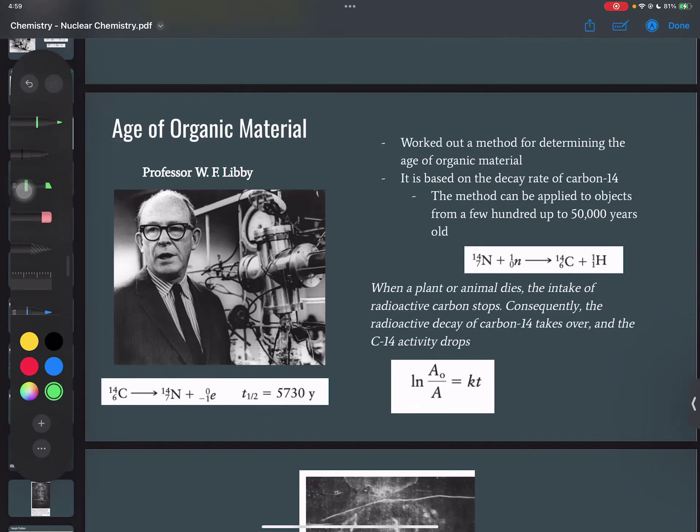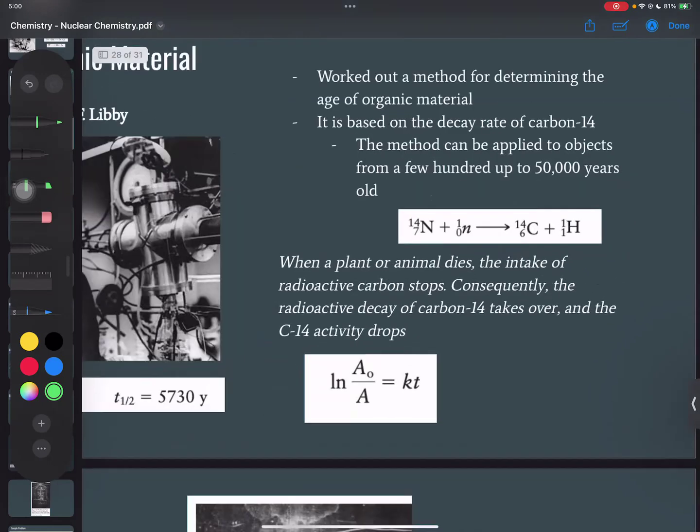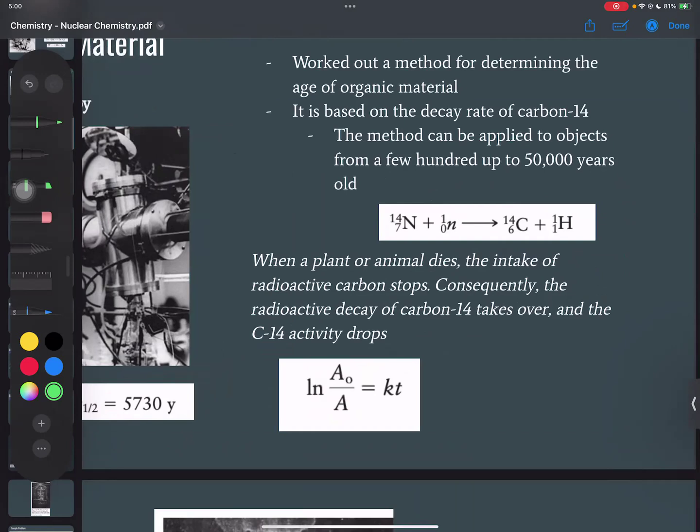Carbon-14 is produced in the atmosphere by the interaction of neutrons from cosmic radiation with ordinary nitrogen atoms. So, nitrogen reacts with neutrons from cosmic radiation, producing carbon-14 and hydrogen.